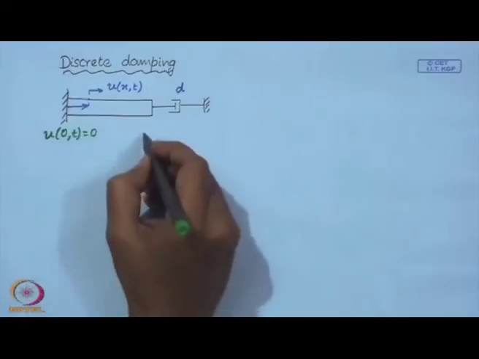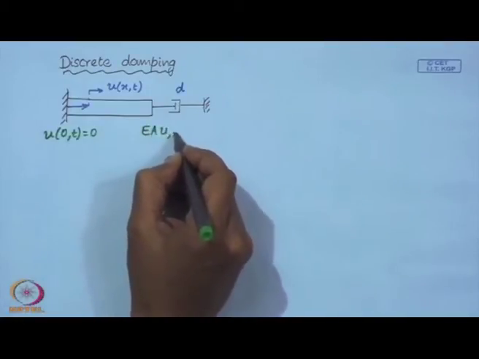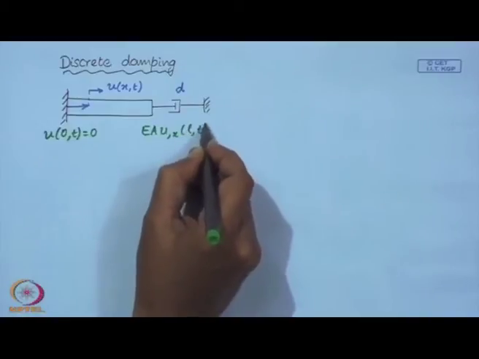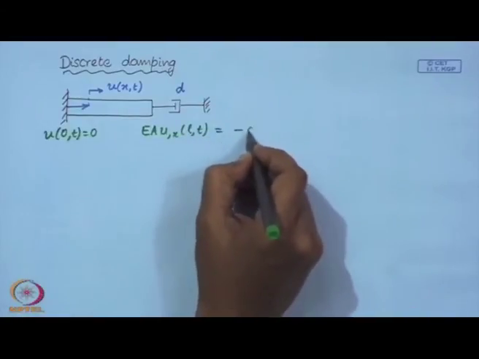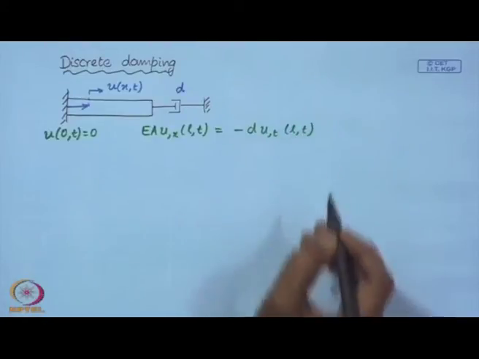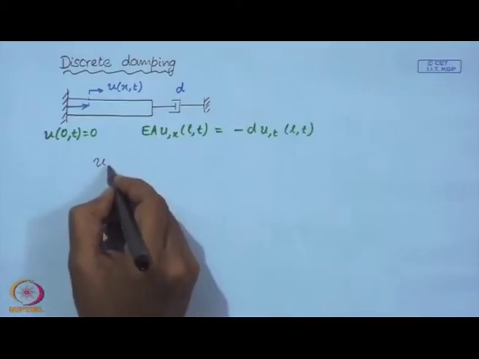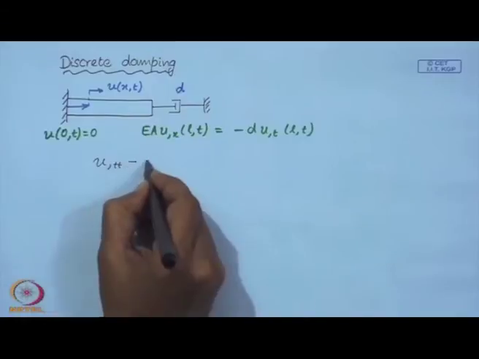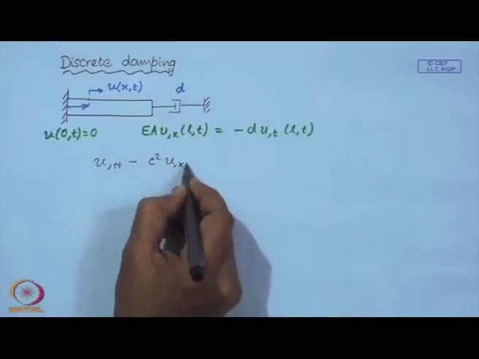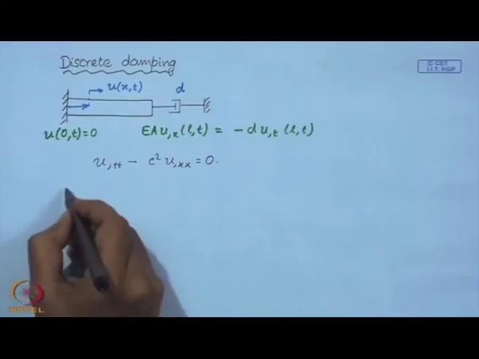So, this is a fixed end and at this end I have the force because of this damper. The equation of motion is like this.